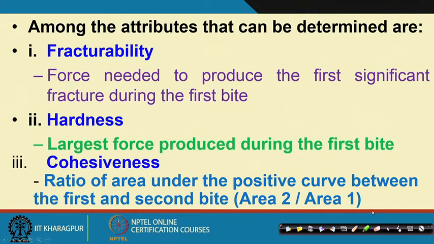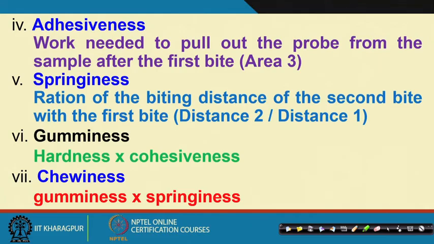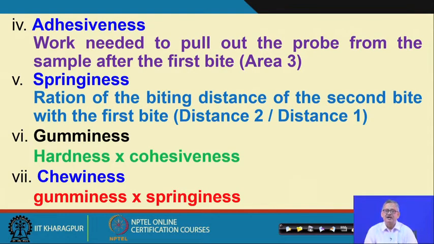Again I repeat: fracturability, hardness, cohesiveness, and then adhesiveness, springiness, gumminess and chewiness. All these we obtain from the texture profile analysis, or TPA.